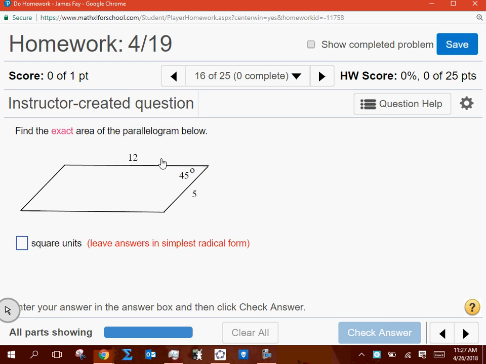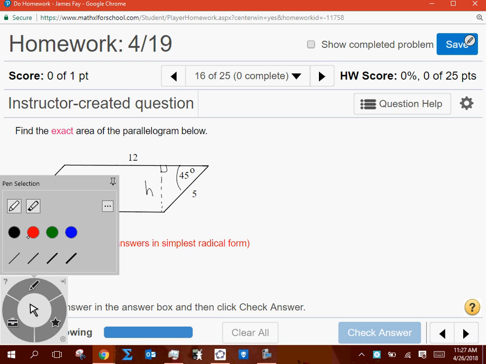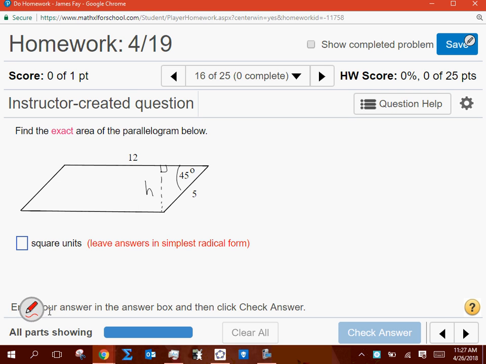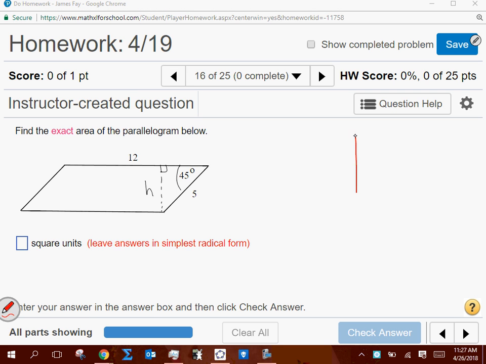Because we know from earlier chapters that if I have a right triangle with sides n radical 2, n, and n, a 45, 45, 90, then my 5 is equal to my n radical 2 side, correct?